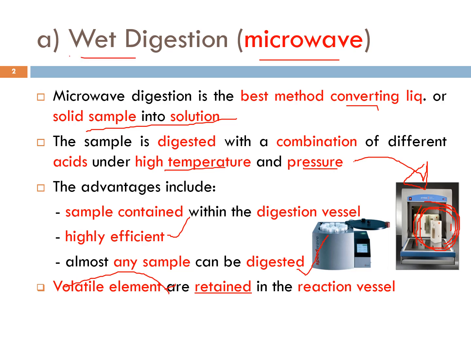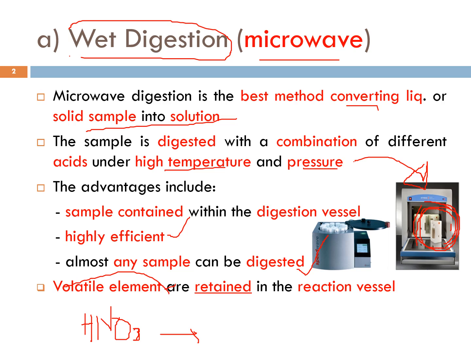Okay, then this technique also is highly efficient and almost any sample can be digested. Okay, wet digestion ni due to the acid will dissolve your sample into aqueous solution. Contoh kata acid tu adalah HNO3. HNO3, okay, NO3 nitrate ni akan form soluble solution with the metal, and then this soluble solution is what we call is ready to be analyzed by AAS instrument.